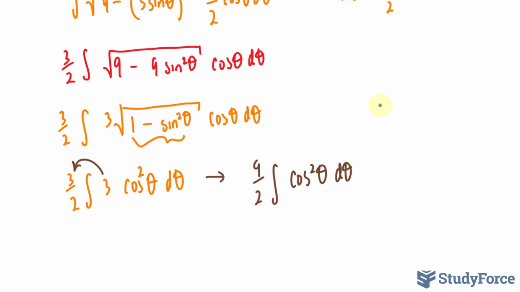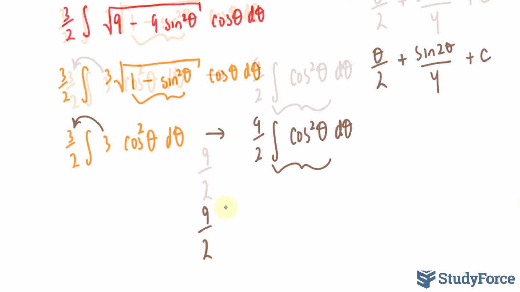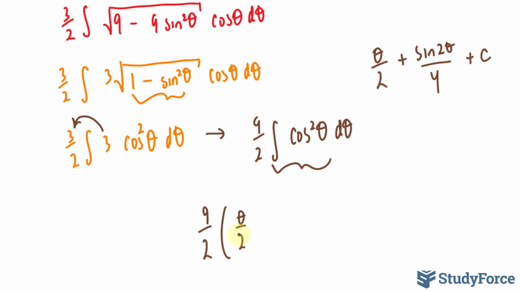The integral of cosine squared theta is theta over 2 plus sine 2 theta over 4. And of course, we have plus c. So I'm going to replace this part with the following. And if I do that, I'll end up with 9 over 2 bracket theta over 2 plus sine 2 theta over 4 plus c.